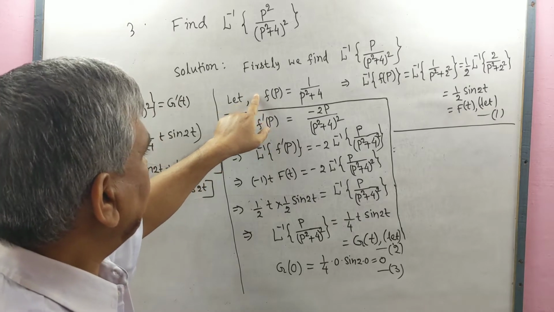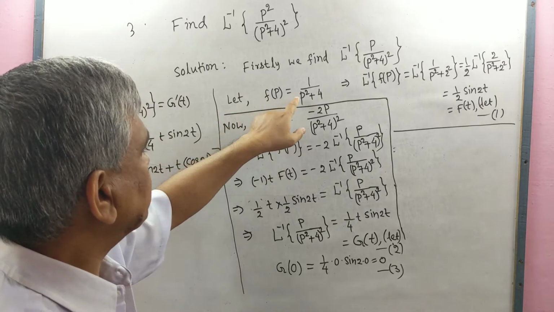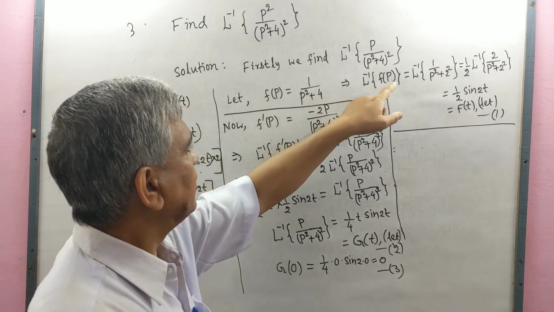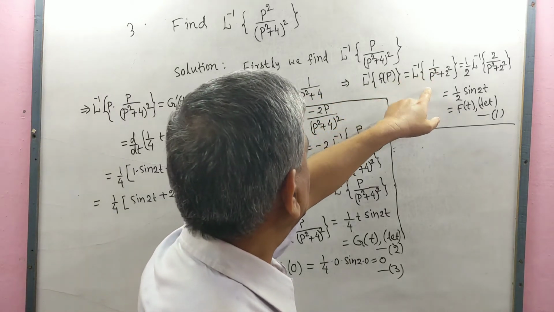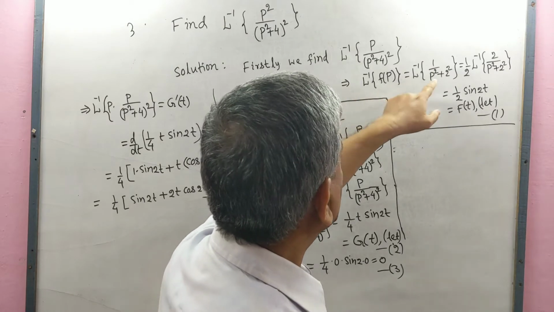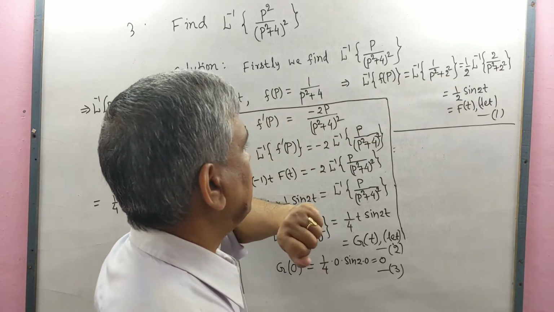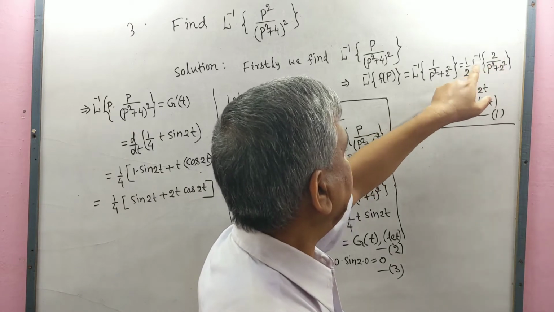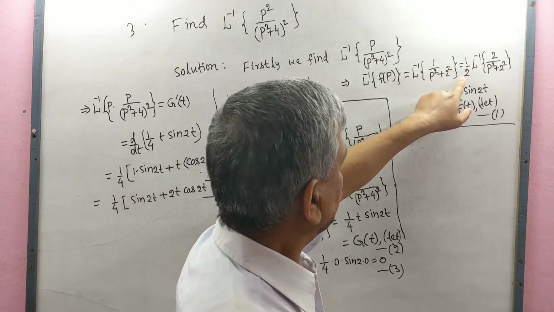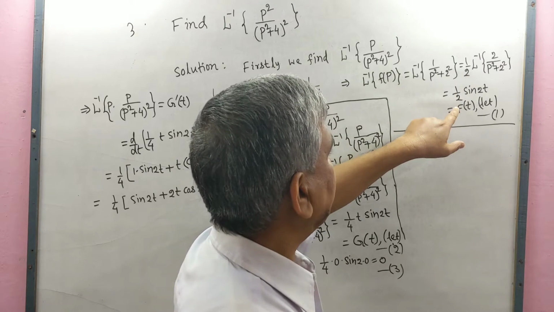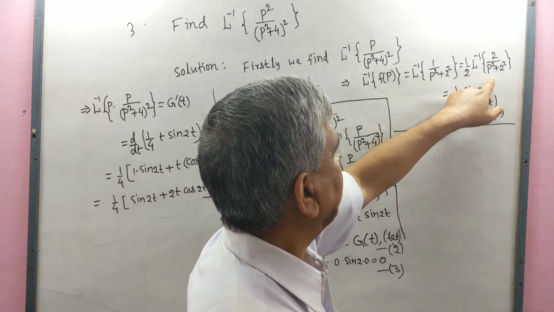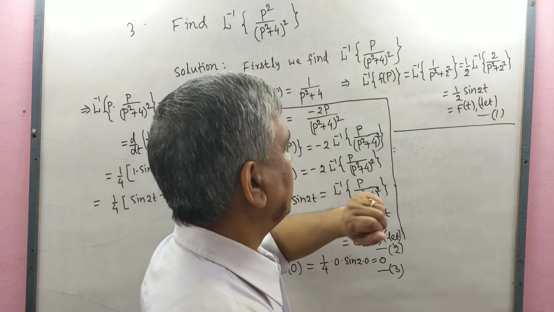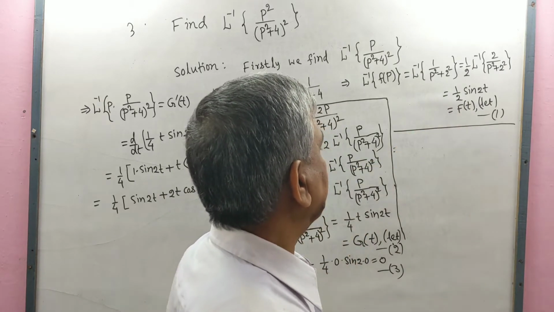Using inverse Laplace transformation on both sides, L inverse F(p) equals L inverse 1/(p square + 4), meaning 2 square. We multiply here by 2 and divide by 2. So half L inverse 2/(p square + 2 square) is sin 2t. Let this be f(t).